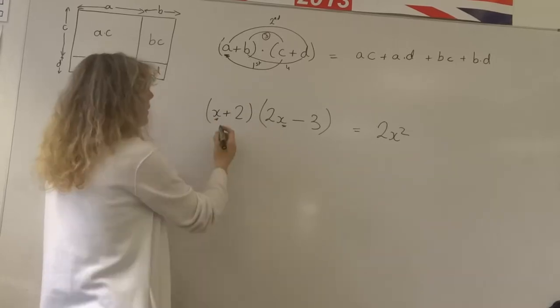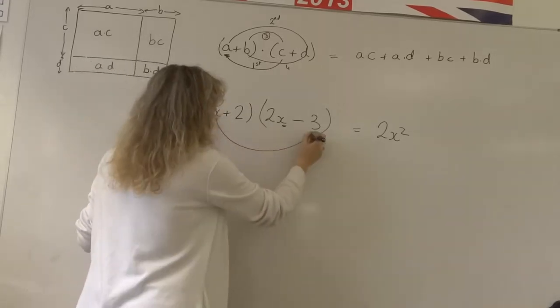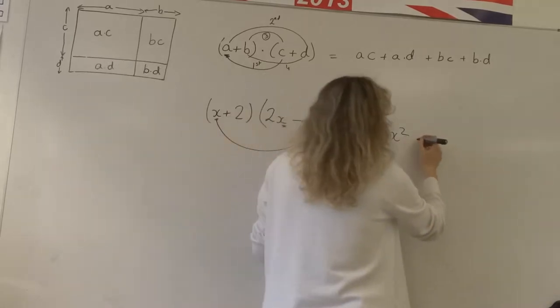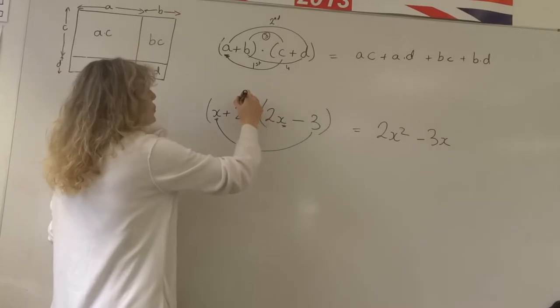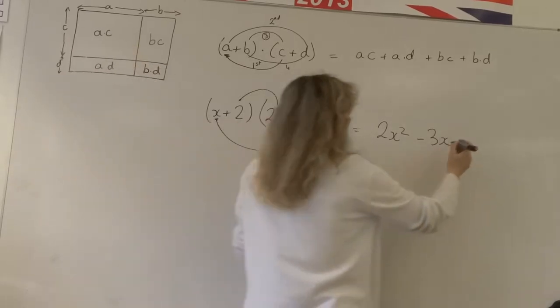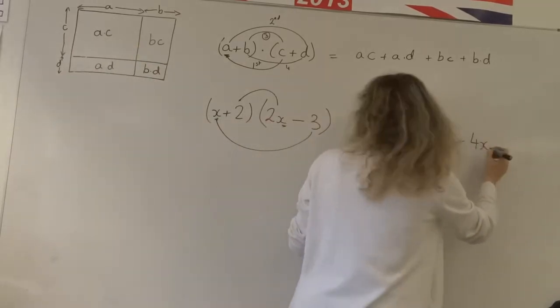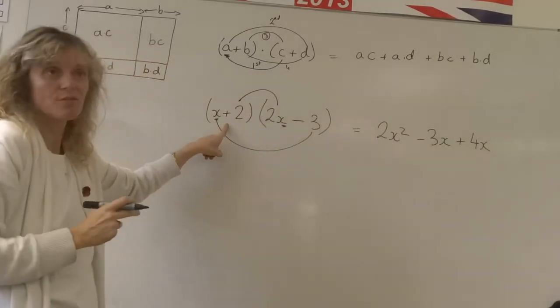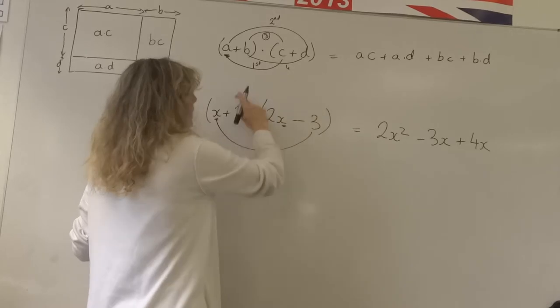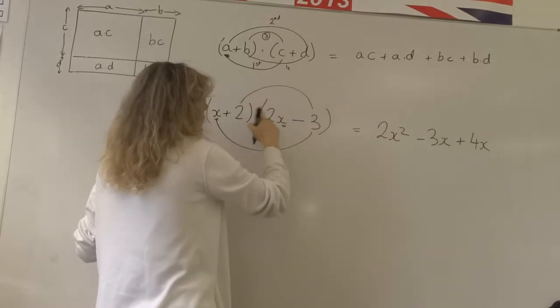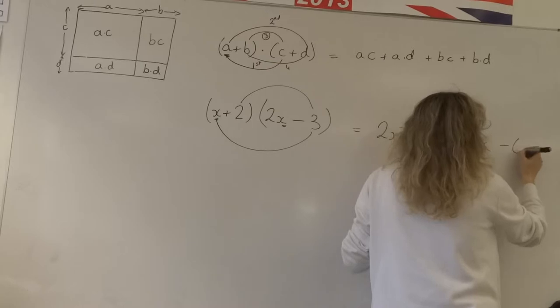So 2x squared. The outside 2, x times minus 3 would give us minus 3 lots of x. The inside 2, 2 times 2x would give us plus 4x. It's a plus in front of here and it's a plus in front of here. And then our last 2, 2 times minus 3, giving us minus 6.